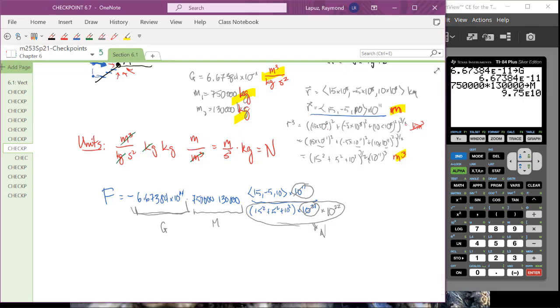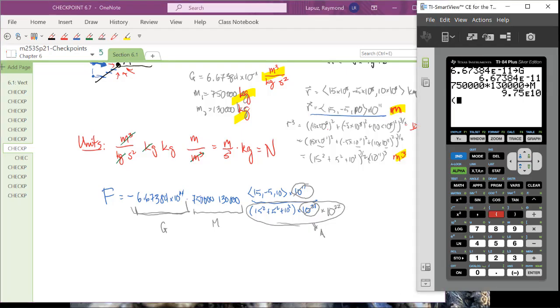So what is that? That is parentheses 15 squared plus 5 squared plus 10 squared, close the parentheses, and we'll raise it to the power 3/2. And let's not forget that we're going to multiply this times 10 to the 22nd. This is all in the denominator.